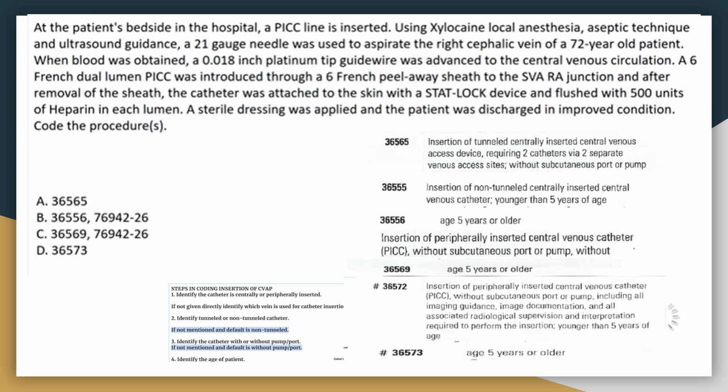A 6 French dual lumen PICC was introduced through a 6 French peel away sheath to the saphenous vein under right atrium junction, and then after removal of the sheath, the catheter was attached to the skin with a StatLock device and flushed with 500 units of heparin in each lumen.